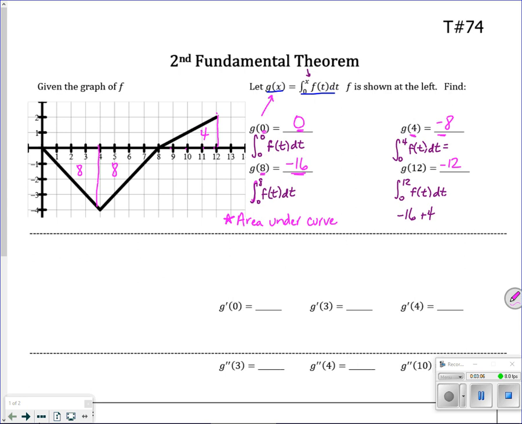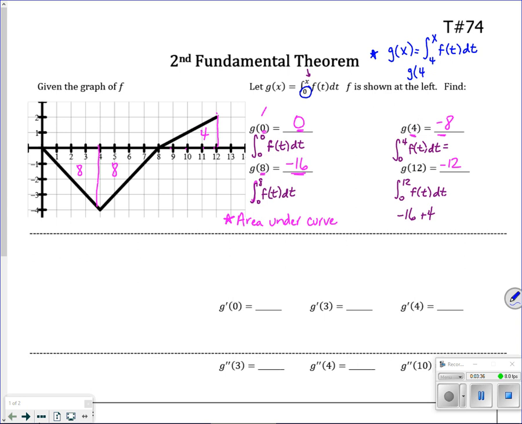Now, I want to put a big star in your notes, and although I wasn't too picky about it, and maybe you didn't even notice, this lower bound is a very big deal. Because if I would have said g of x is equal to the integral from 4 to x of f of t dt, well, then g of 4, let's do an easy one.